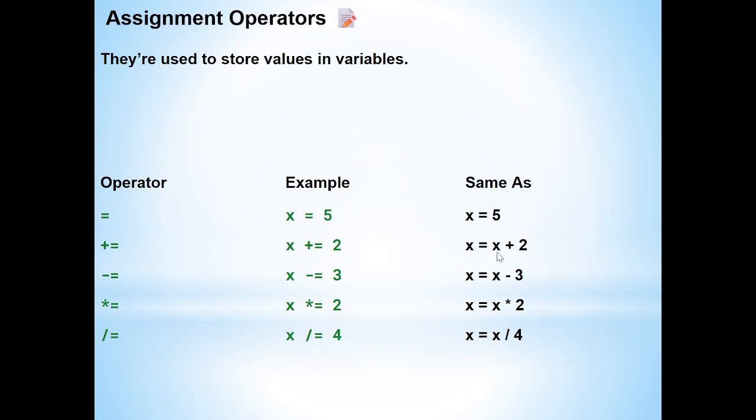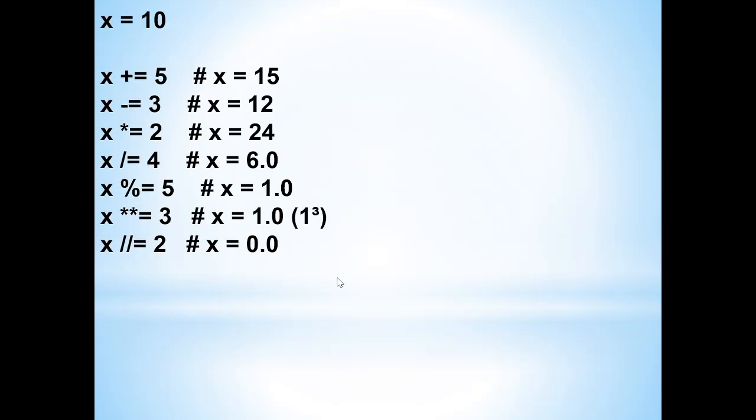Instead of writing x = x + 2, where x is 5 and 5 plus 2 is 7, in a lengthy way, we can write the same thing in a shortcut way. We don't have to write x twice. We just write x, give plus equals, and give 2. So it will also add 5 plus 2, and likewise it also subtracts. Okay, these are your assignment operators.